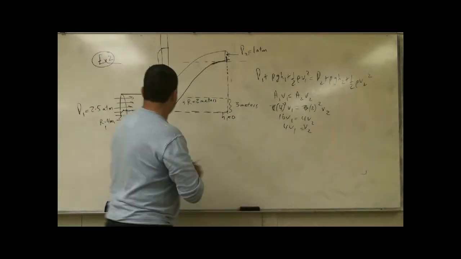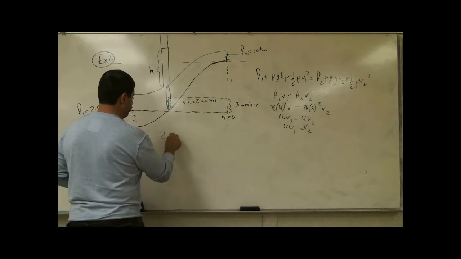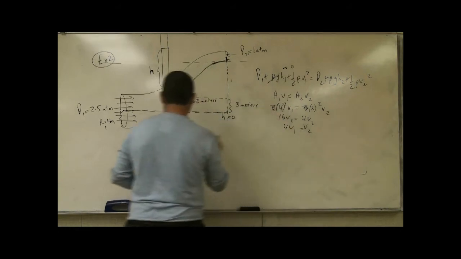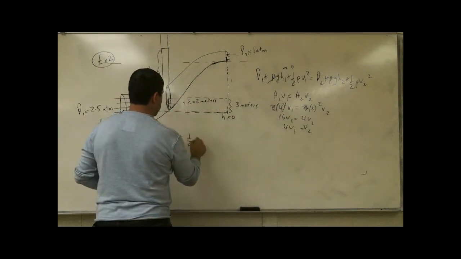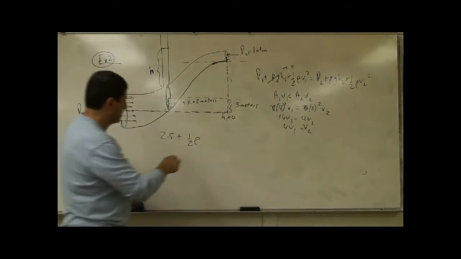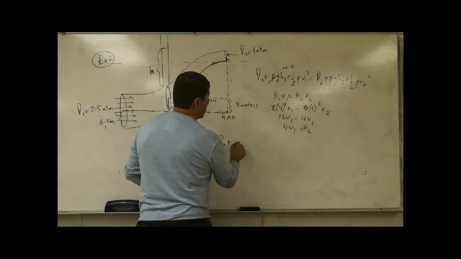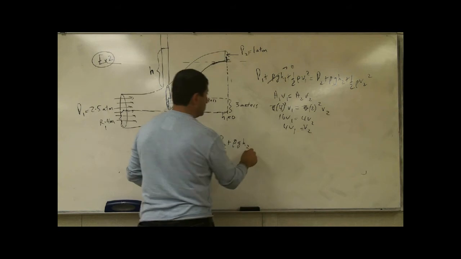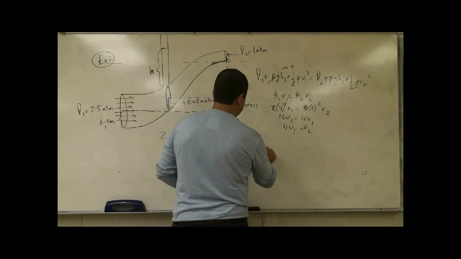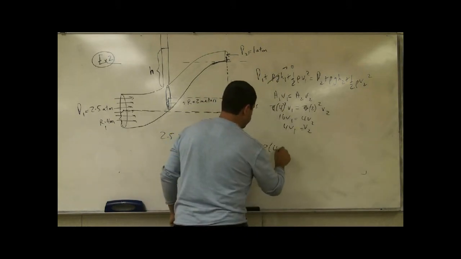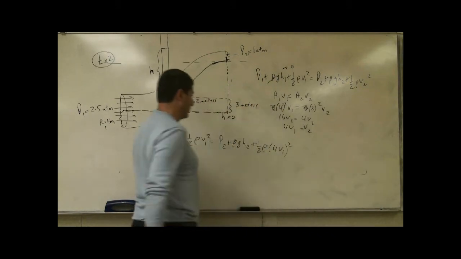So with that we found the relationship. We know this one is 2.5 atmospheres, okay? And then this one we're going to set equal to 0. Plus half rho V1 squared is equal to P2 plus rho g H2 plus half rho, and then for V2 we're going to put 4 V1, and then we're going to square that.